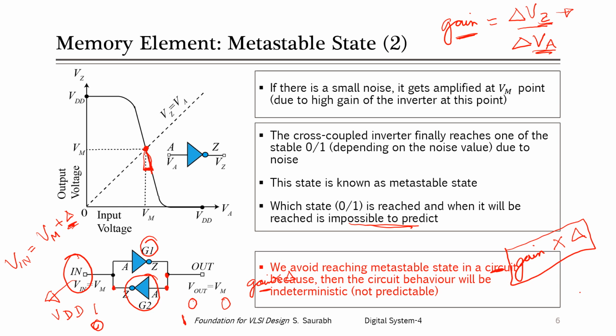We should avoid reaching a metastable state in a circuit, to make the circuit deterministic, because if it is a metastable state, then the circuit behavior will be indeterministic or not predictable.